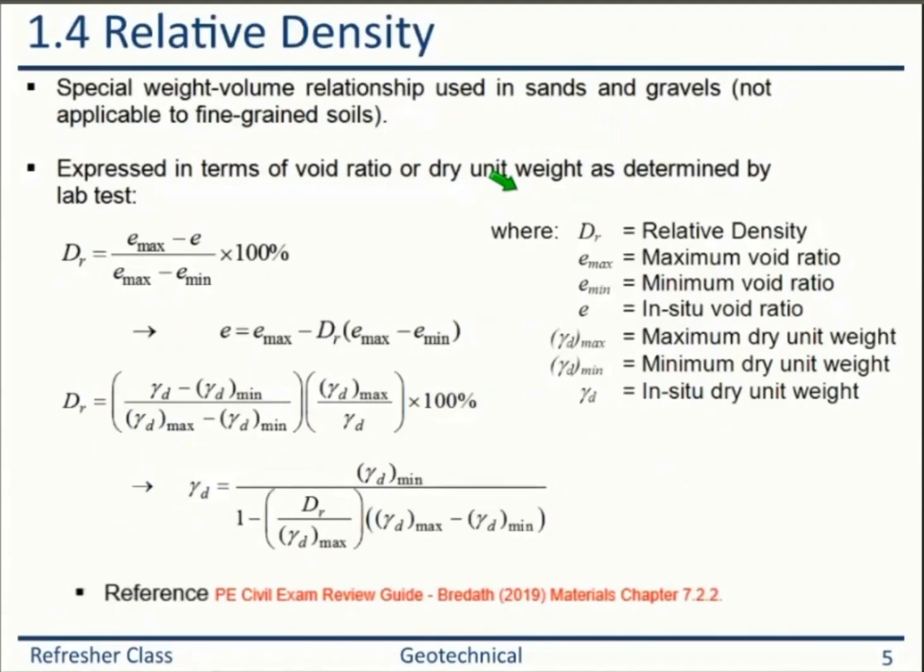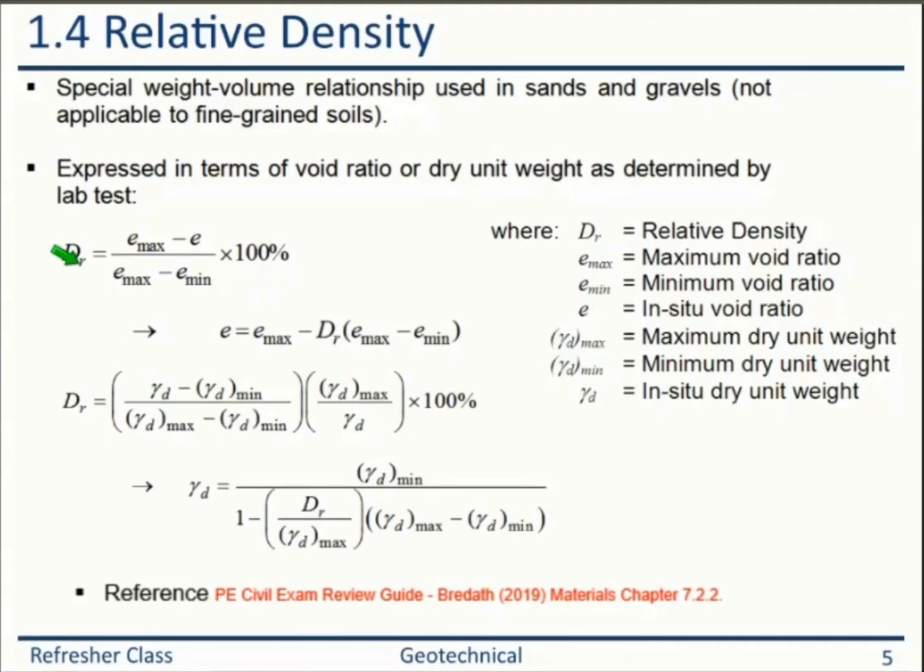The other important thing is your relative density. When you talk about density, whether the soil is loose or dense, it gives a sense of density, right? So it is comparing the density of soil materials. The relative density can be defined in terms of void ratio or in terms of dry unit weight.